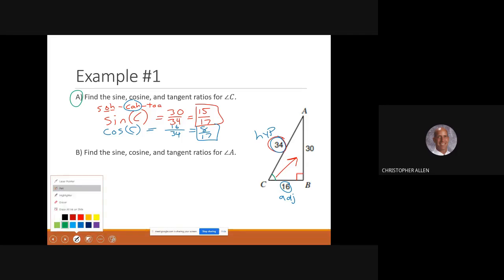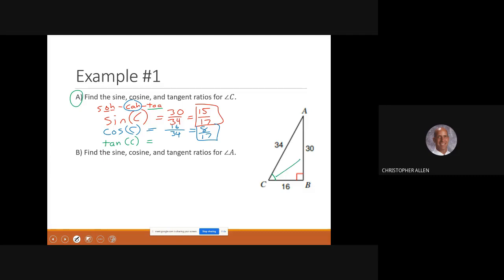And I'm going to erase some of this other stuff that I've got written on here. Last but not least, tangent of C. I'll call it tangent C. Toa. So now we're on that last piece. That is opposite over adjacent.